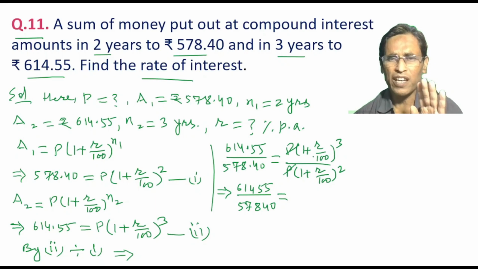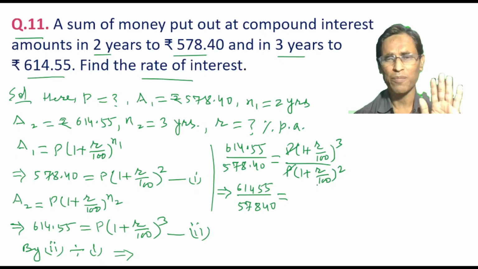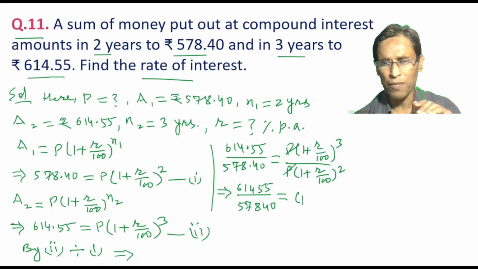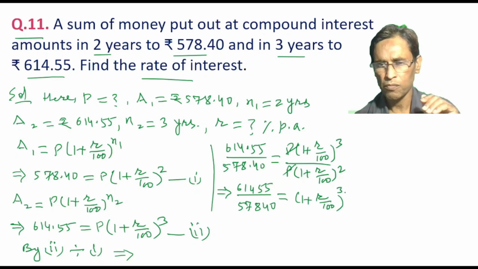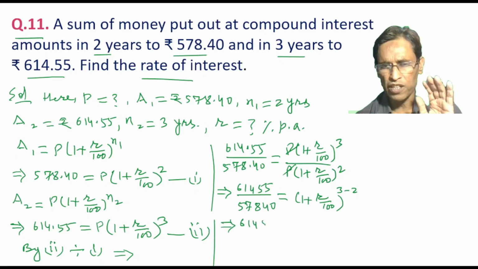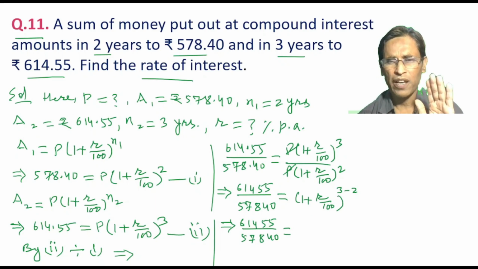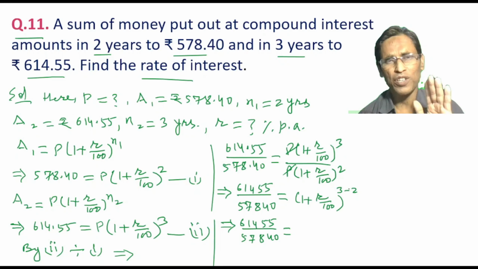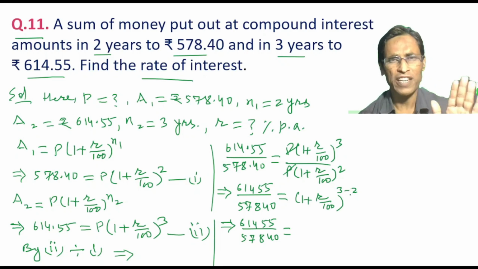Since the base in numerator and denominator is the same, the powers must be subtracted, and therefore we have 1 plus R by 100 to the power 3 minus 2. In the next step, 61,455 by 57,840 will be equal to, in RHS, 3 minus 2 is 1 and 1 is not mentioned as power.